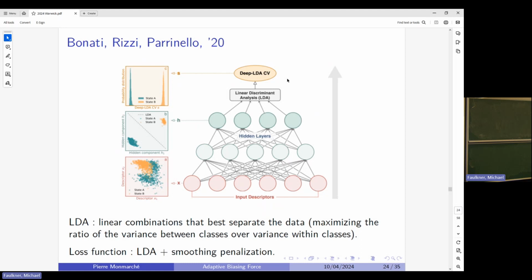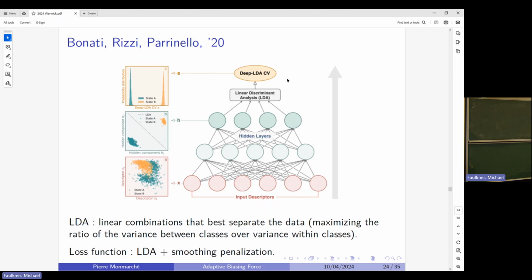The linear discriminant analysis is what is the hyperplane which best separates the two classes, in the sense that, okay, maybe I'm a bit confused. I'll go a bit vaguely here, and that's not crucial for me.